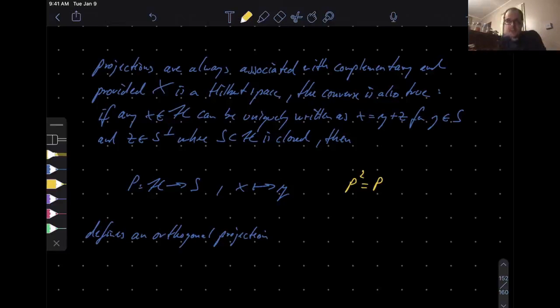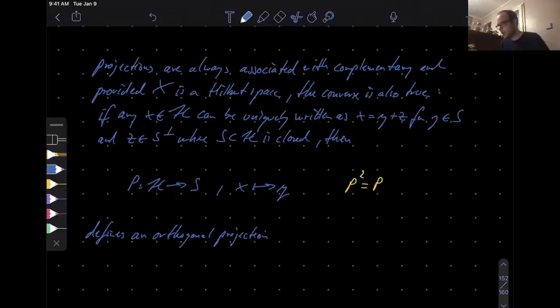This comes from the decomposition up there, and the fact that it's bounded comes from there too, because the norm of y is less than or equal to the norm of y plus the norm of z, which is the relevant norm on the direct sum. Moreover, P squared equal to P should be clear, because if you apply P to x, then you are in S, and then in the next step, because you have the unique decomposition, that y will of course be mapped to itself. So P squared is indeed equal to P.